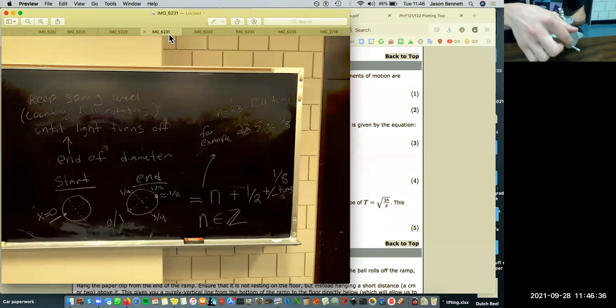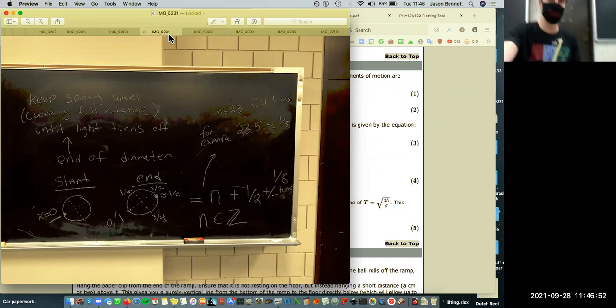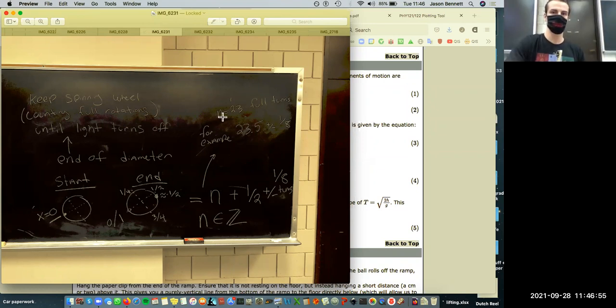I'm going to keep spinning, but I'm going to count. So if this is my origin, 1, 2, 3, 4, and so on, until I get roughly the number I gave you as an example of what I found. It was roughly 20 to 25 turns.